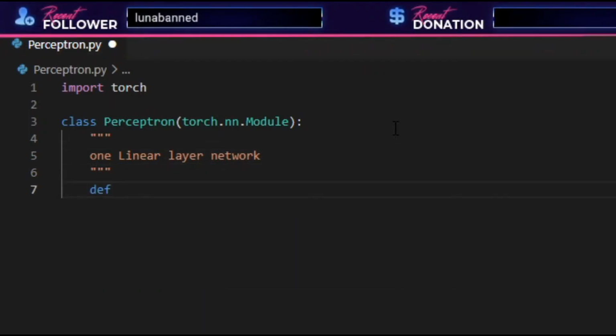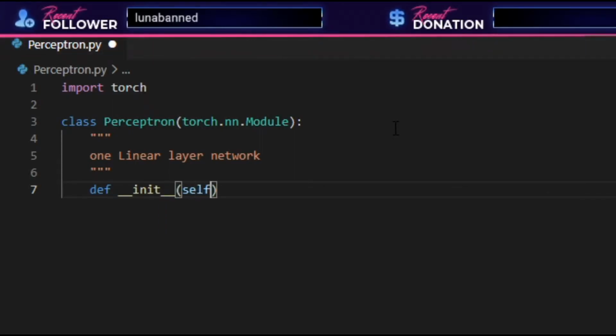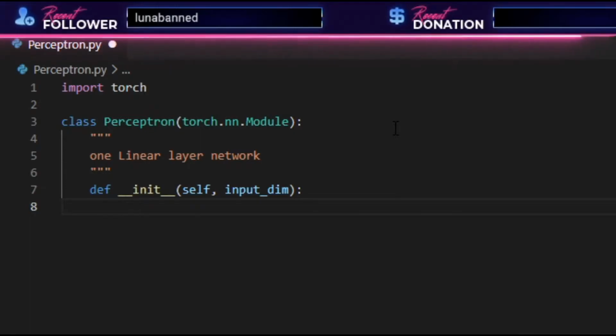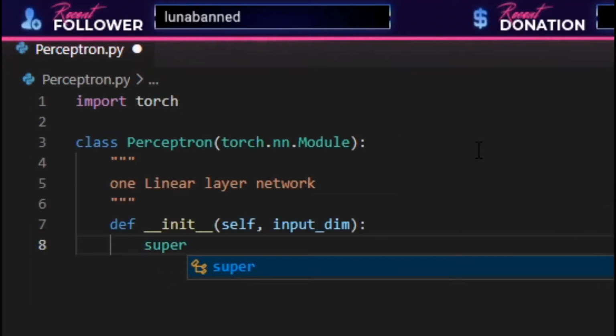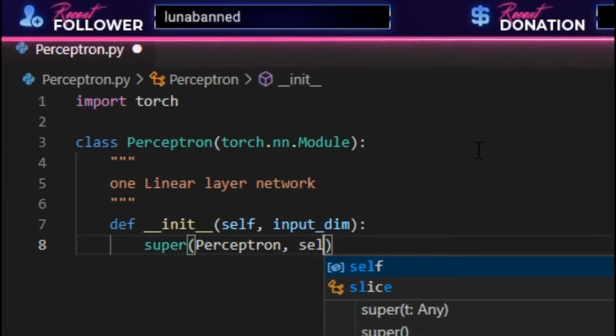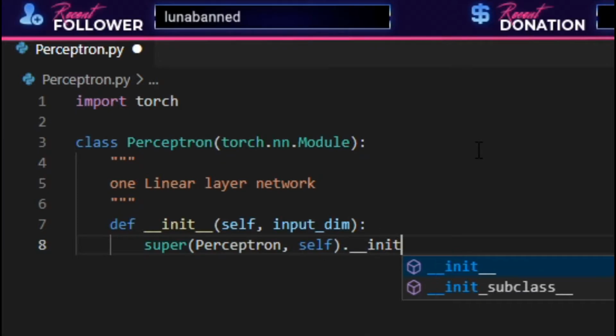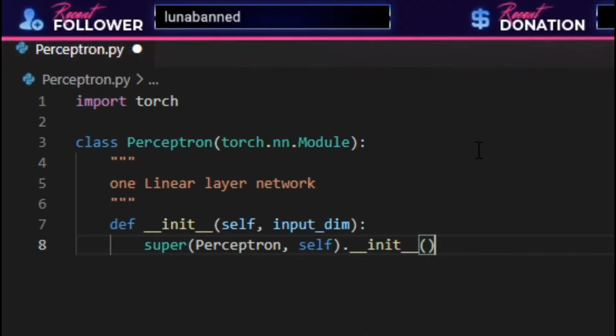All right, now let's get our init function for whenever we're initializing. This will take self, and an input dimension. And that input dimension, for anyone that's wondering, represents how many features we want to measure. We're going to call the parent class as soon as it is instantiated, and we are going to initialize on that self call.